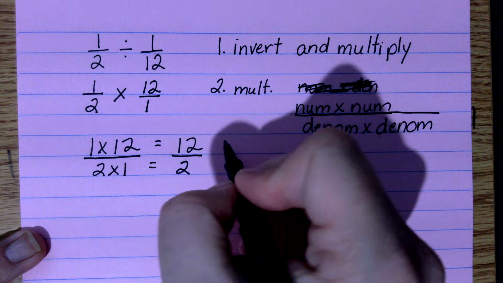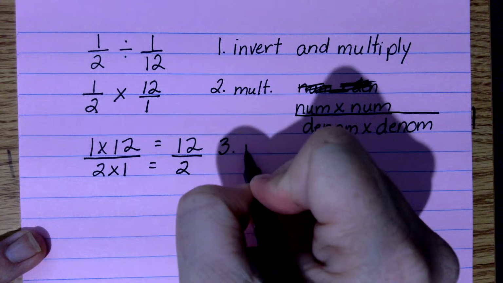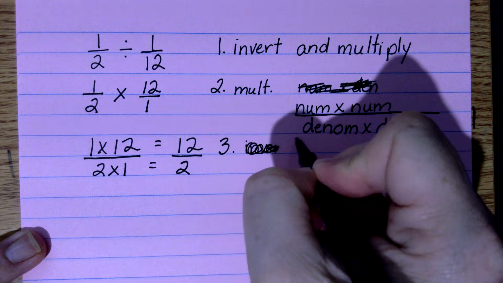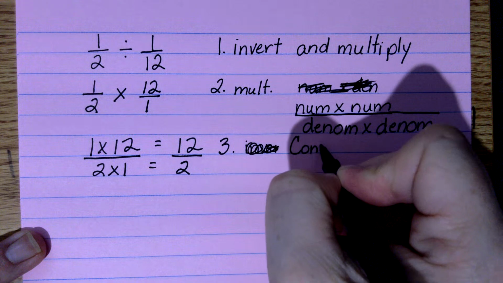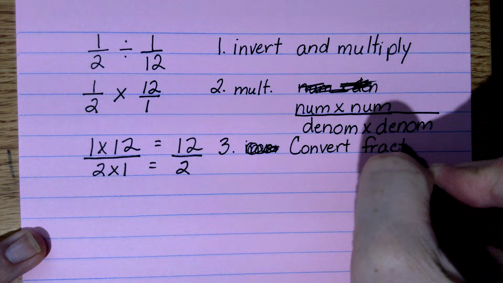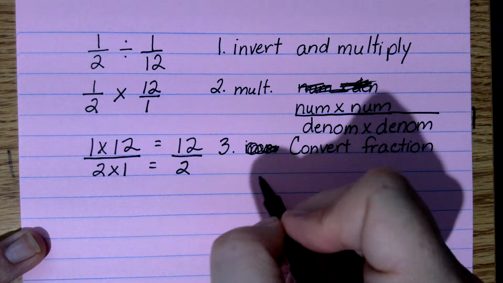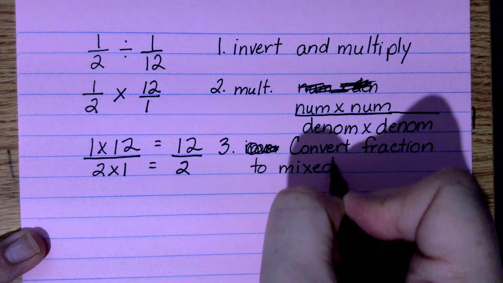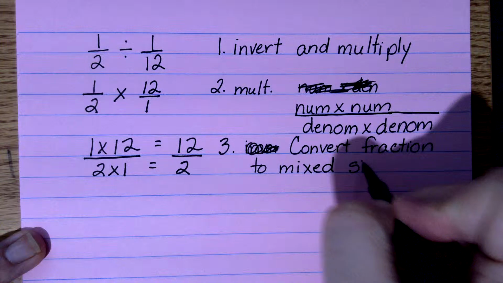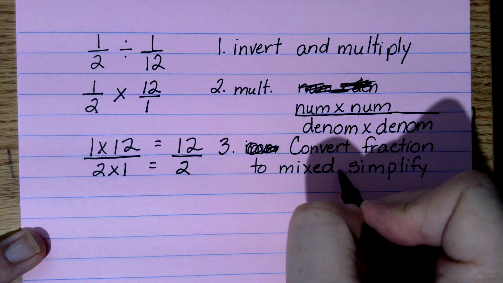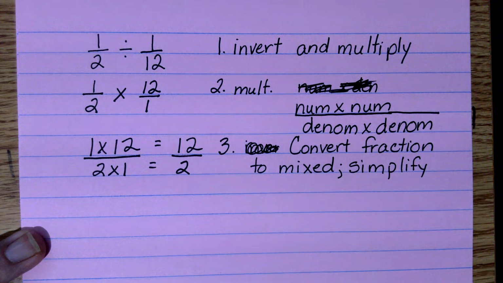Our third step is to convert our fraction to a mixed number, and if applicable, simplify.